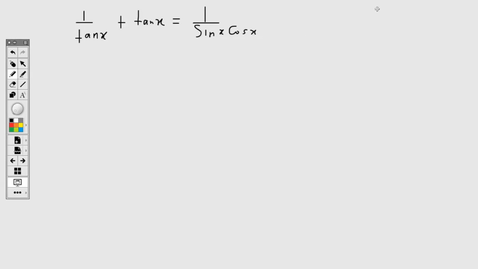Now, this is where the identity for tan x comes into play. So the identity for tan x is sin x over cos x.